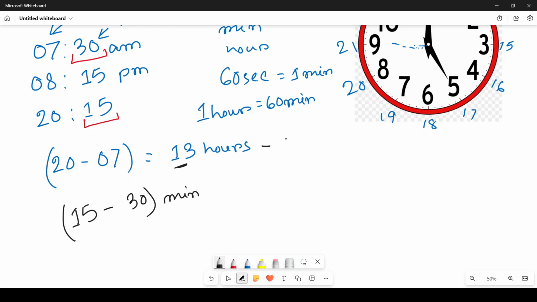So we need to subtract 1 hour from here. If this minute value is small, and the other minute value is big, then we must subtract 1 from the result of the hour subtraction, right? So rather than subtracting 30 from 15, we can actually do 30 minus 15.